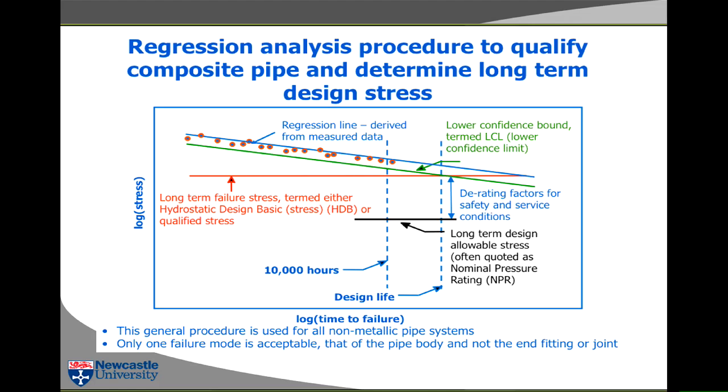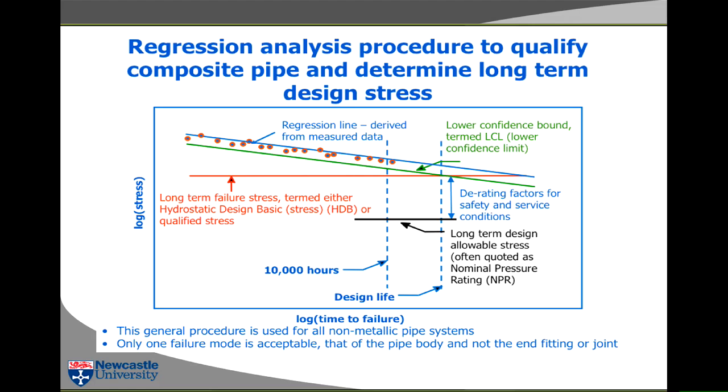And what you must take when you design the pipe, of course, is the lower confidence limit, not the mean line. Because if you take the mean line and use this as the basis of design, then you might get one of these points which lies below the line. So you try to avoid that problem by taking the lower confidence limit.